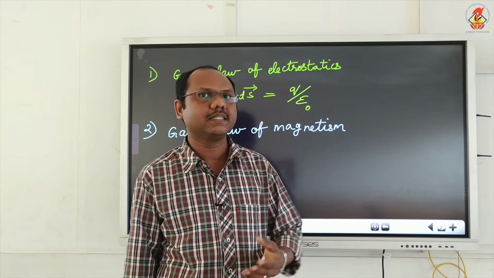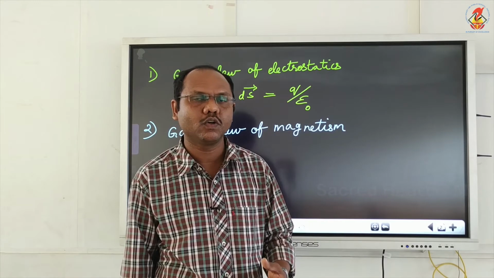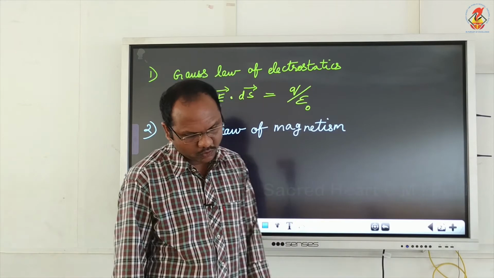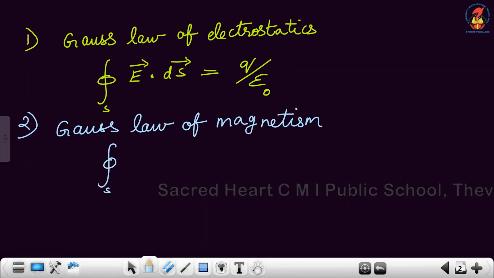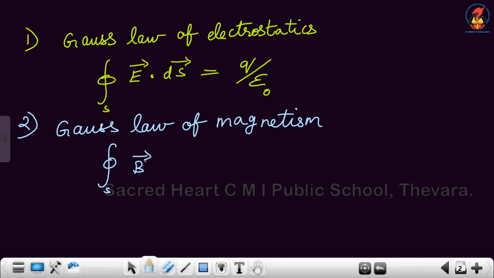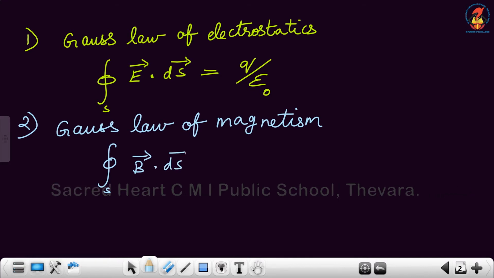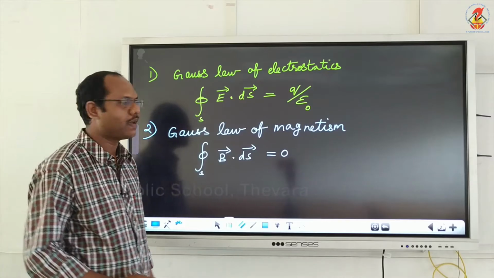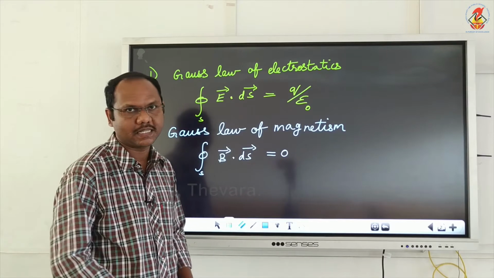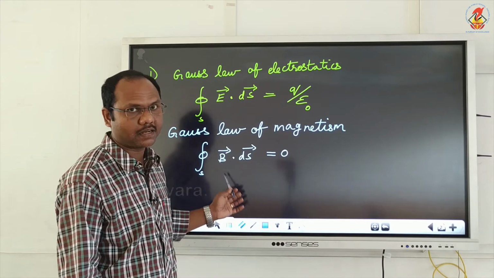So, when I take the surface integral of magnetic field over any closed surface, the answer will be 0. I will write it like this: surface integral of B dot ds is equal to 0. That is from chapter 4.